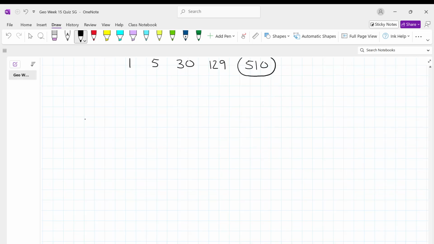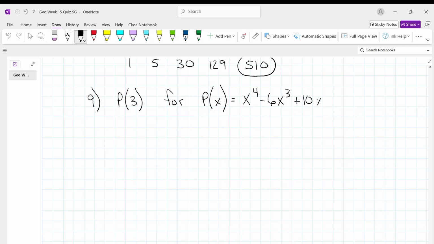So then number 9 asks you, same thing. Number 9, find P of 3 for P of x is equal to x to the 4th minus 6x to the 3rd plus 10x minus 3.